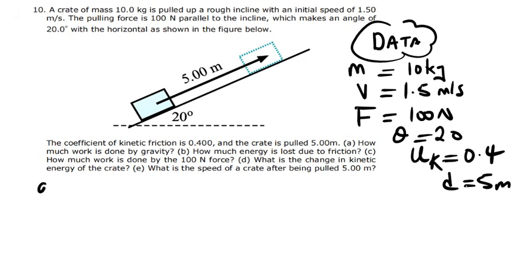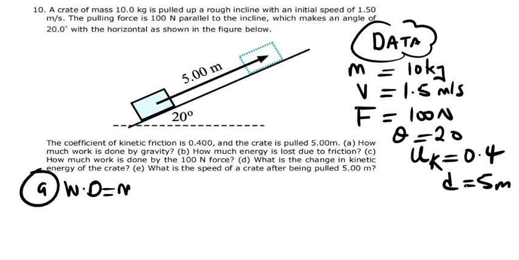Now A, we are asked how much work is done by gravity, okay, work done by gravity. Now what is going to be the work that is going to be done by gravity? We know that work done by gravity is the potential energy, right?